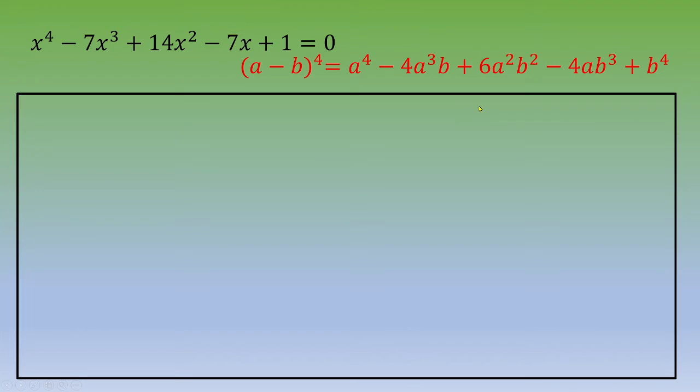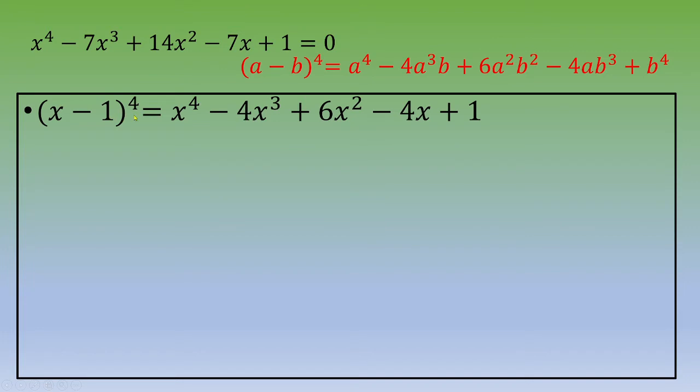If you apply this rule to x minus 1 power 4, this is x power 4 minus 4x cubed plus 6x squared minus 4x plus 1. So if you write down the original equation, you can notice that we've got the first term in common and the last term. So we need to modify these terms in the middle.